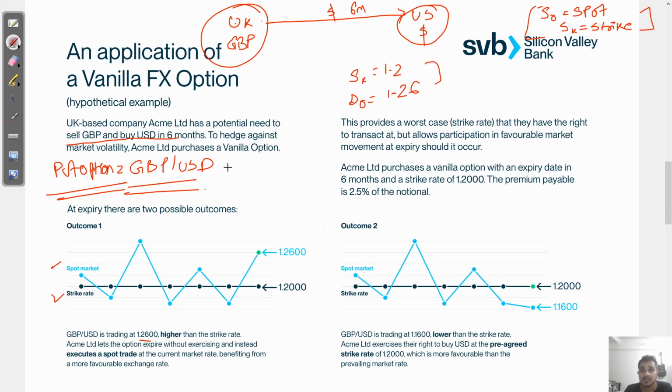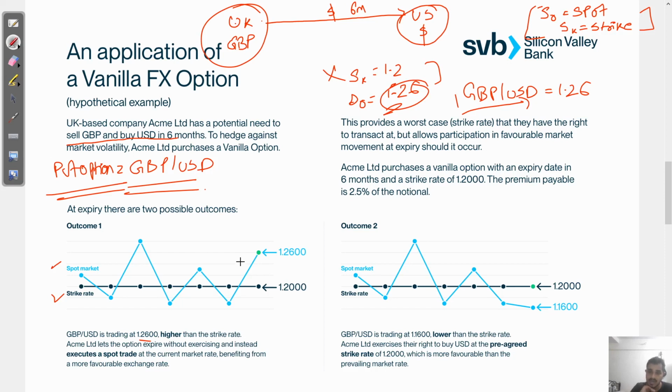That means GBP USD is 1.26, so for 1 GBP I can buy more USD. So I will not use my right to sell GBP and buy USD at 1.2 in the option, because I can do the same in the open market and get more.